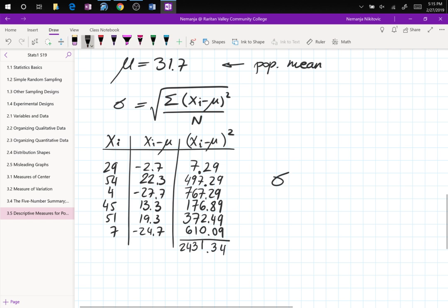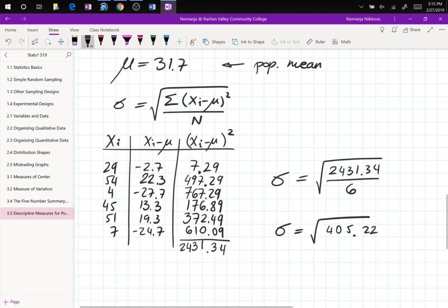So now my sigma is square root of 2431.34 divided by capital N, which is 6. So sigma is equal to square root of 1624 goes 4 times, 16.3 doesn't go, 1631 goes 5 times, 1613 goes twice, and 1614 goes twice, and then there is more decimals, no one cares.